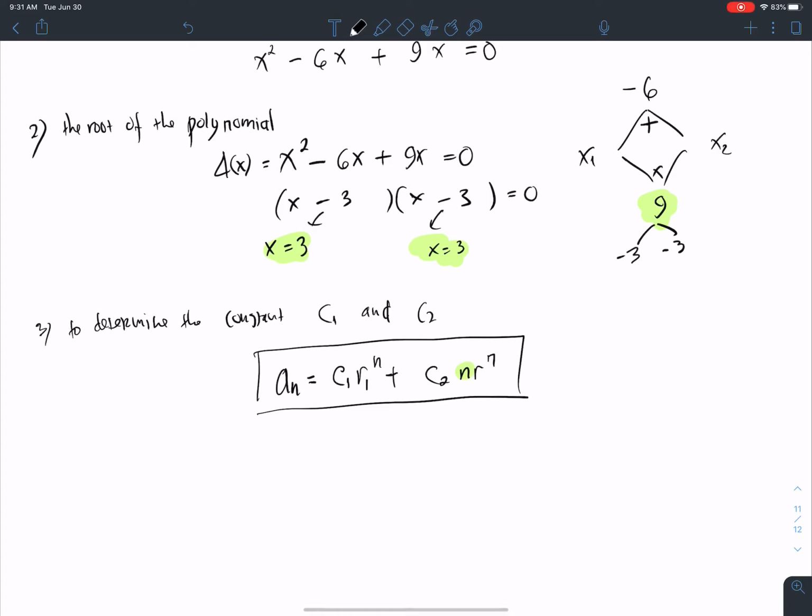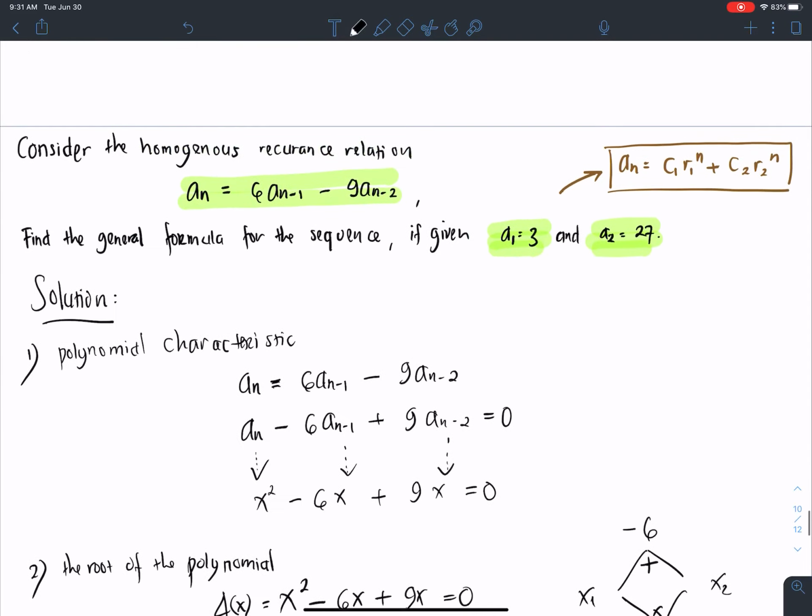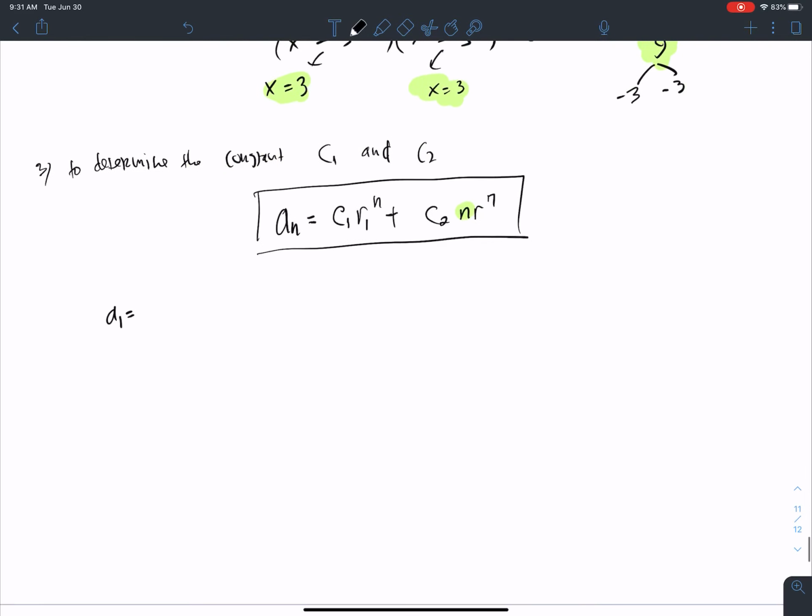Given the initial values a1 equal to 3 and a2 equal to 27.